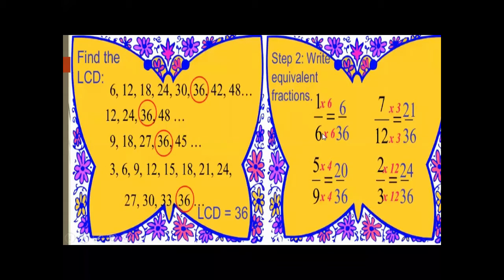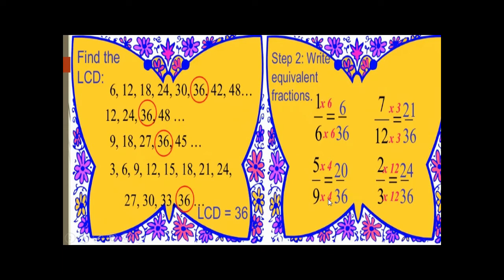It means I can make 6 equal to 36, 9 equal to 36, 12 equal to 36, 3 equal to 36. LCM is 36. How can I make 6 equal to 36? By multiplying 6 by 6.